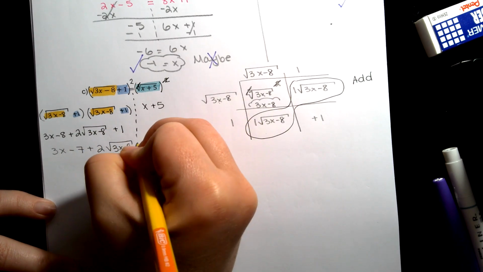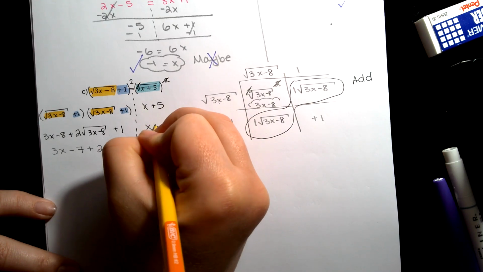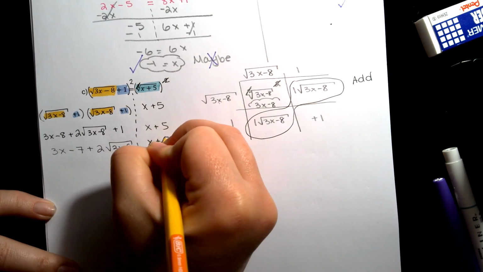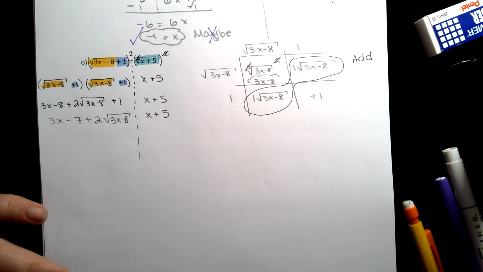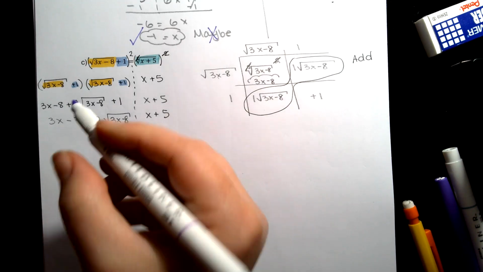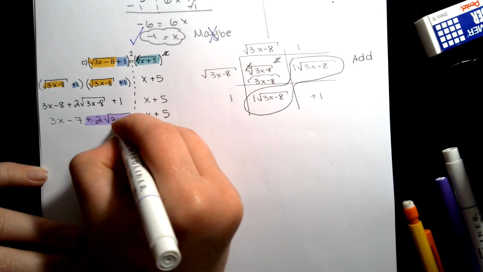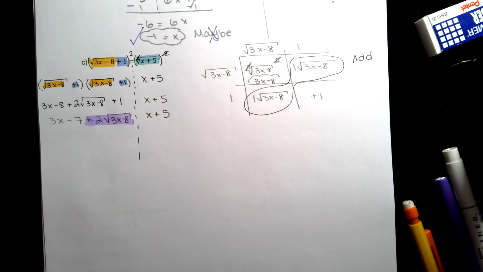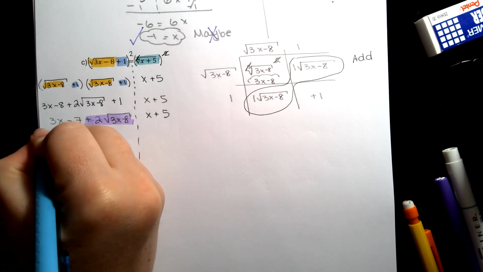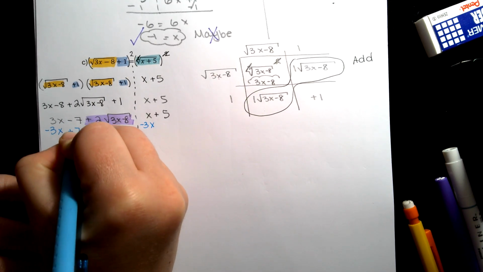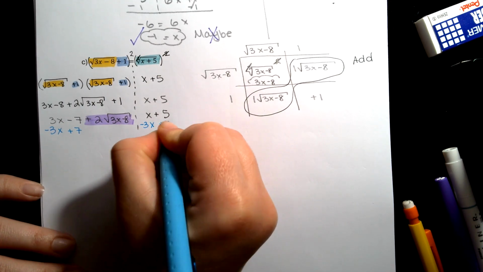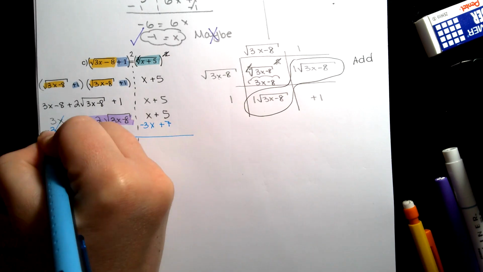Now on the other side, I do have my x plus 5, x plus 5. Now our goal is to get the 2 positive square root of 3x minus 8 alone. So we are going to be moving things to the other side, like a 3x and a 7. So we're going to subtract 3x and add 7 to remove them.